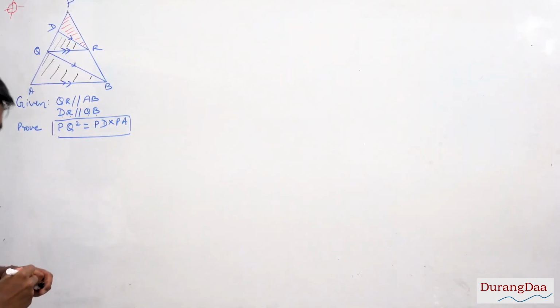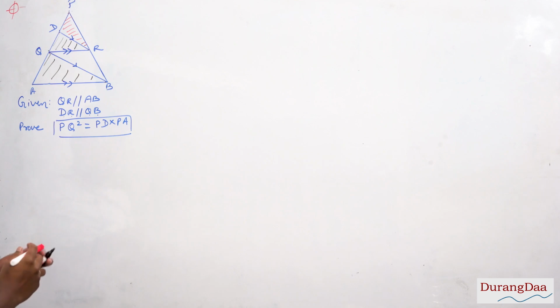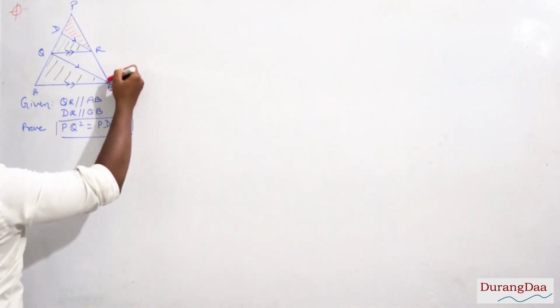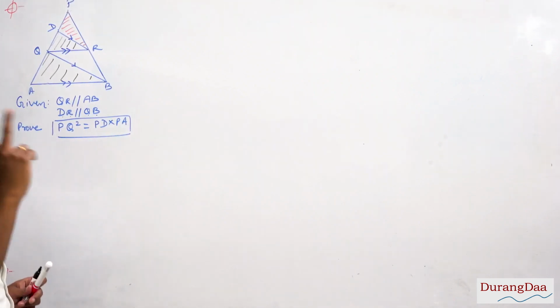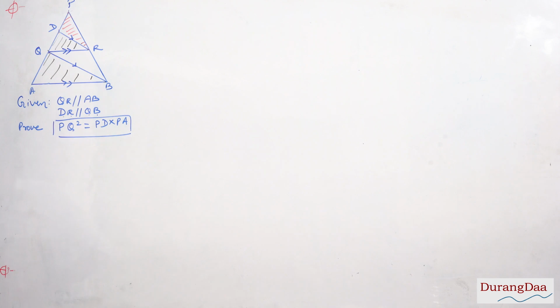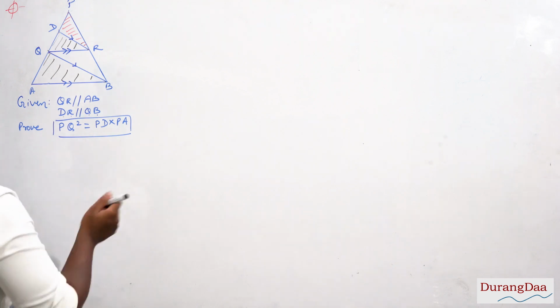So we have three pairs, but if you look carefully, side PR and side PB are common to only two pairs. For clarity, let me draw both pairs of triangles separately, which we are going to use.